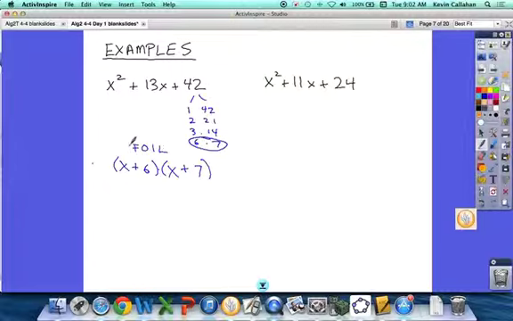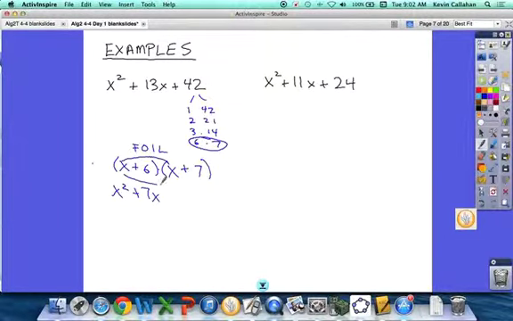So multiply the first terms in each set of parentheses. X times x is x squared. That's the first. Then multiply the outer terms, meaning the x multiplies with the 7. That's plus 7x. And then we multiply the inner terms.